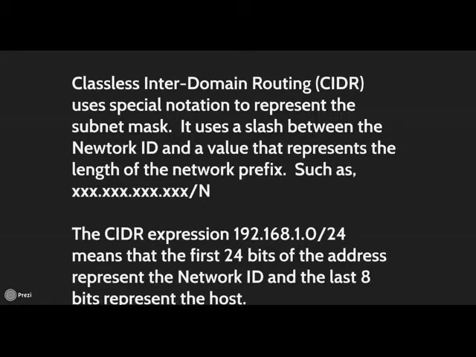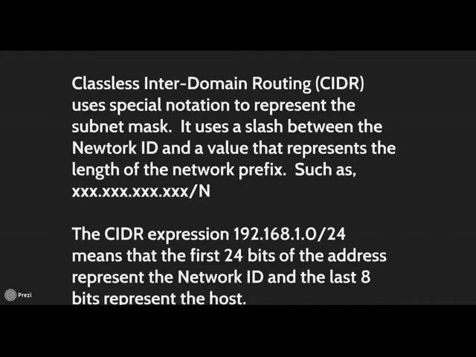Classless inter-domain routing uses special notation to represent the subnet mask. So instead of writing 255.255.255.0 every time you want to discuss a subnet mask, it would use a slash between the network ID and the value that represents the length of the ones in the subnet mask.